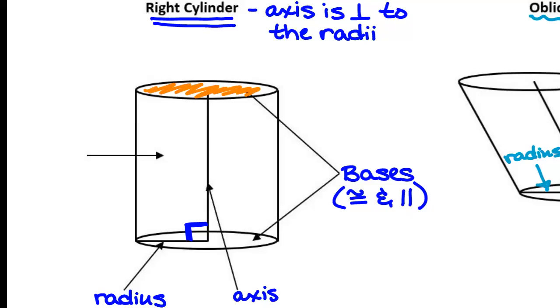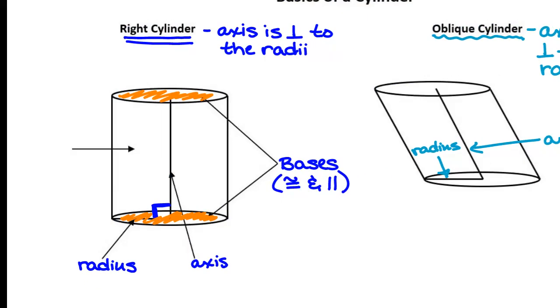So we've got a base up here and a base down here. If you think about it like a can at the grocery store, this would be where the paper label would be on the can.